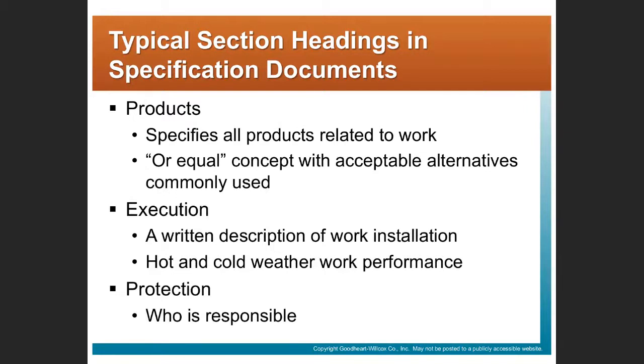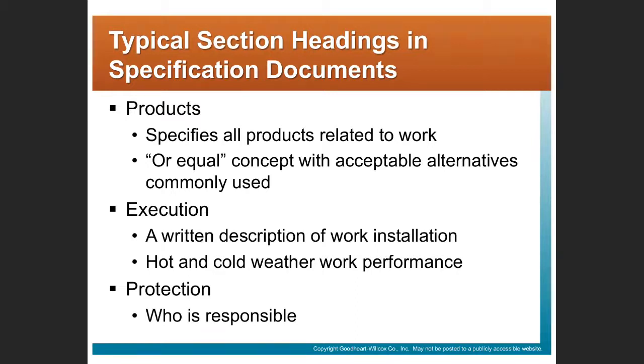Specs will typically say what products are acceptable for this work. Quite often the architect or the engineer will have a basis of design. They may say something like, panel boards shall be as manufactured by Square D or approved equal.